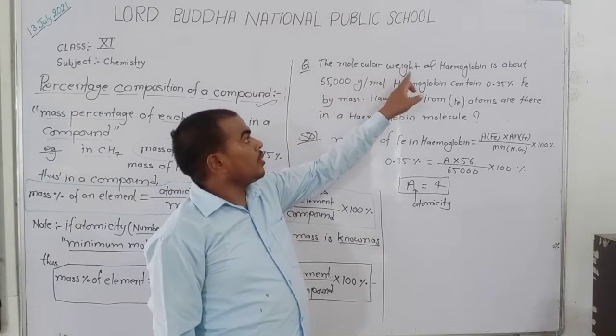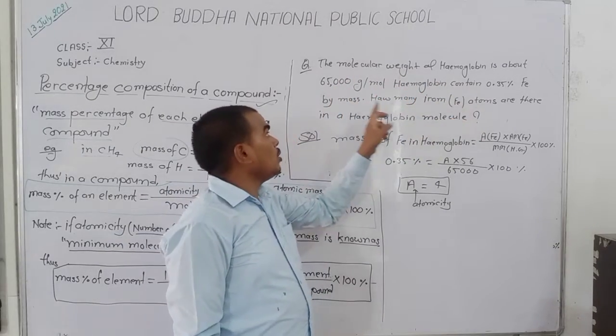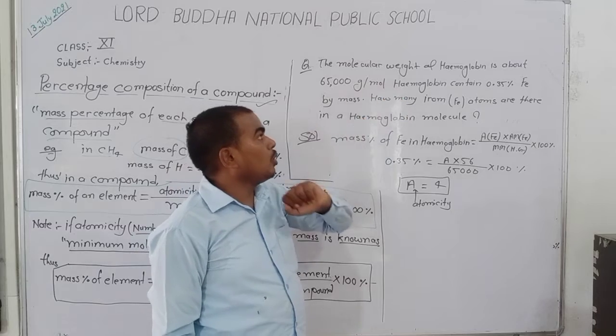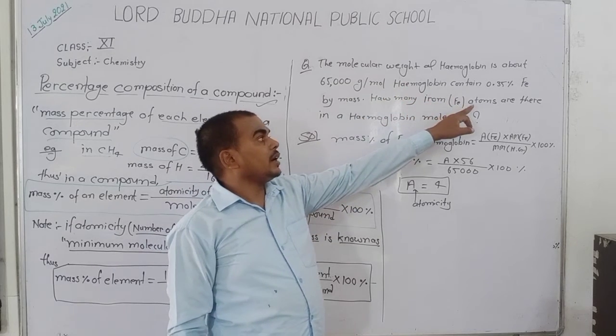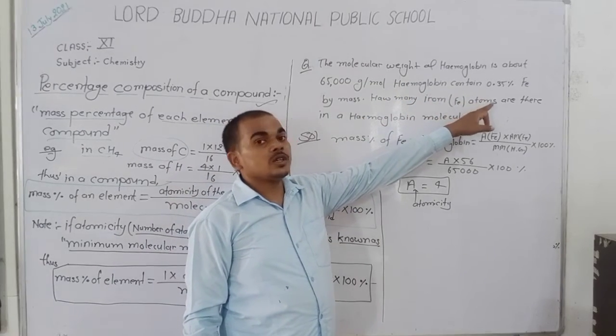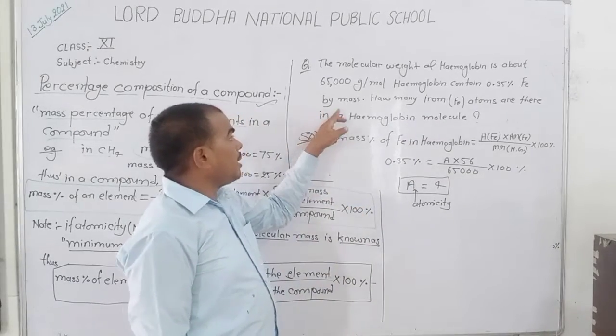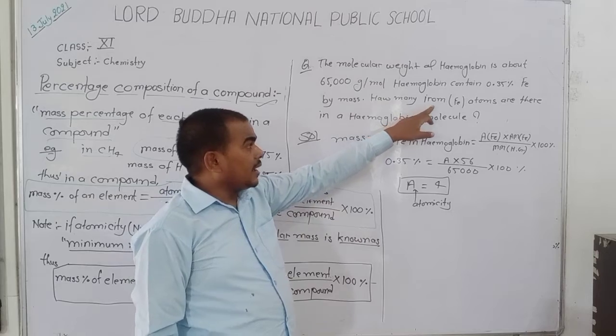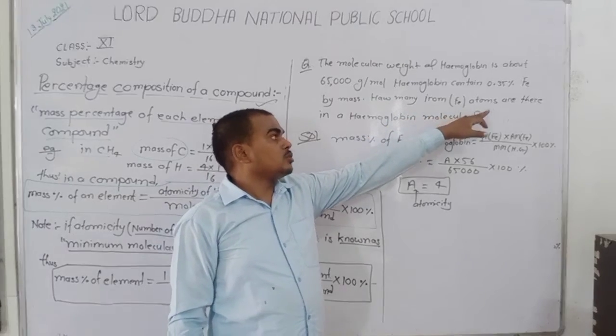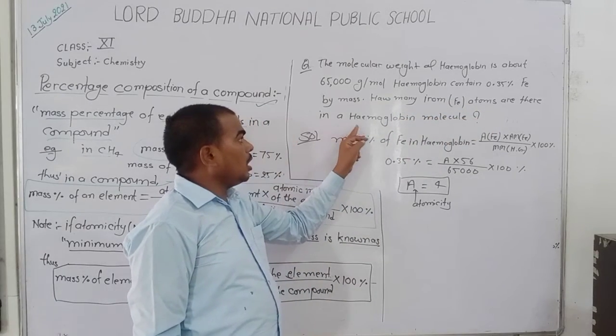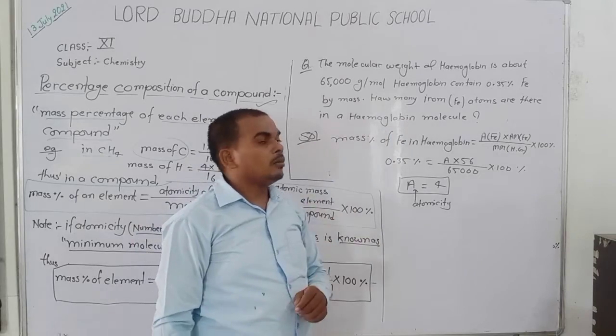Hemoglobin contains 0.35% iron, Fe, by mass. How many iron, means Fe, atoms are there in a hemoglobin molecule?